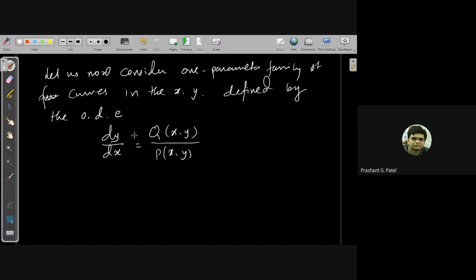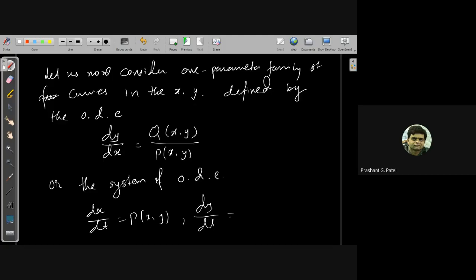So we'll consider this first order differential equation, or the system of ODE, that is ordinary differential equations, that is dx by dt is equal to p of x,y and dy by dt is equal to q of x,y. So either you consider this ordinary differential equation, or you can consider a system of ordinary differential equations like this.